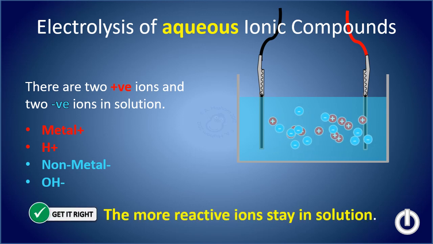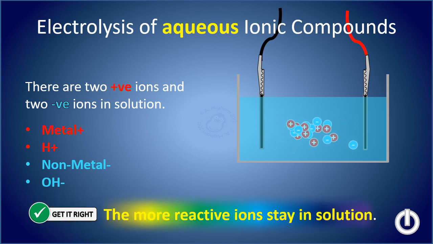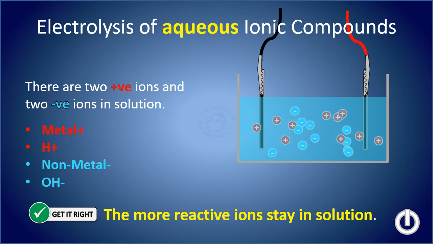There is something that we can do to help us remember what's going on here. It's basically this idea that when we're considering which ions are going to migrate to the electrodes, the more reactive ions stay in solution. That's really important. If you want to get the top marks, more marks than most of the students, you're going to get extra marks, almost like bonus marks, for mentioning that the more reactive ions stay in the solution.